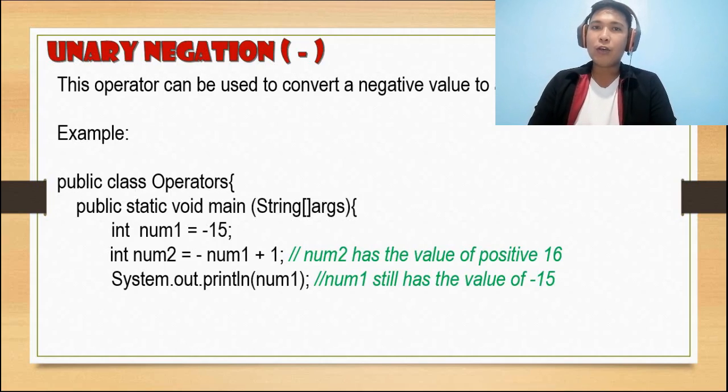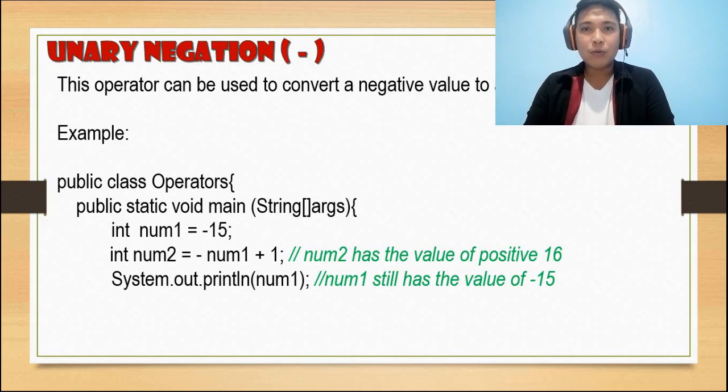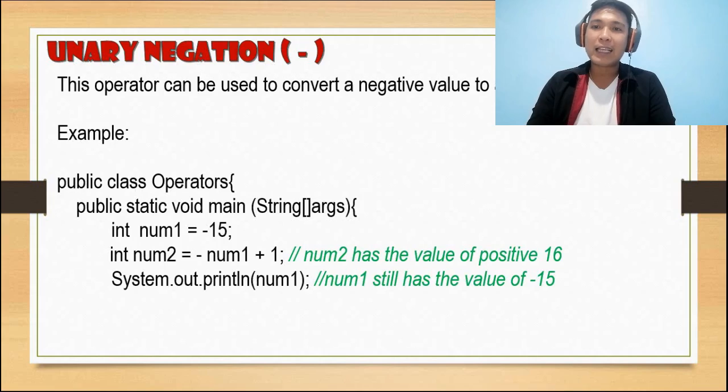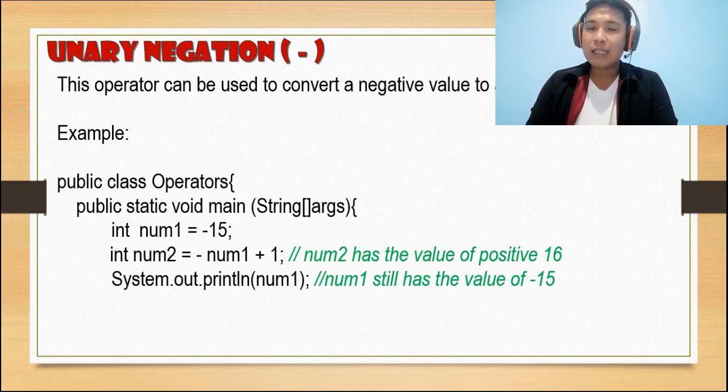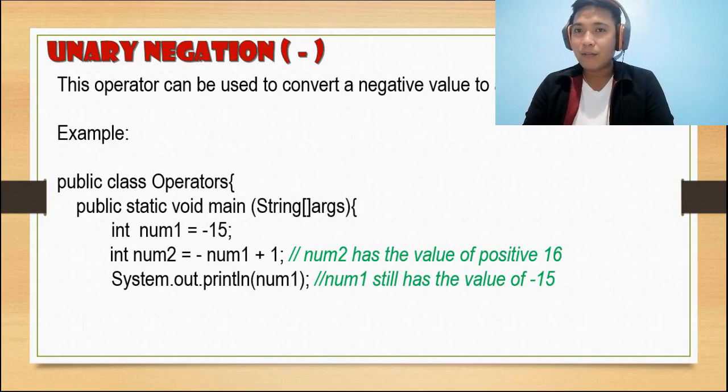Okay, if we apply unary negation to num1, which is putting a negative sign before the variable, for example int num2 is equals to negative num1. We know that the sign of the value of num1 is already negative.